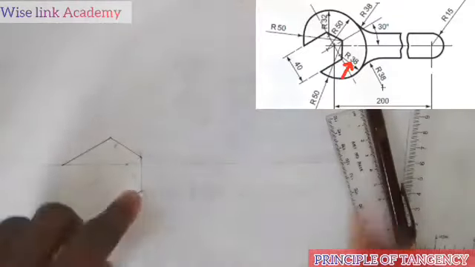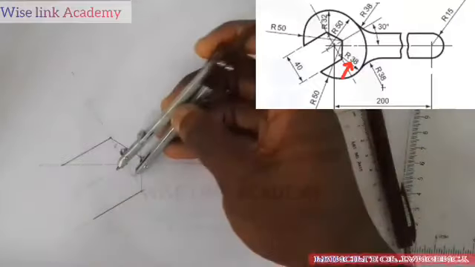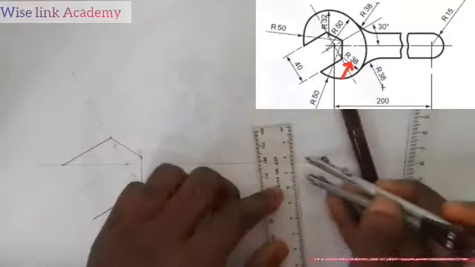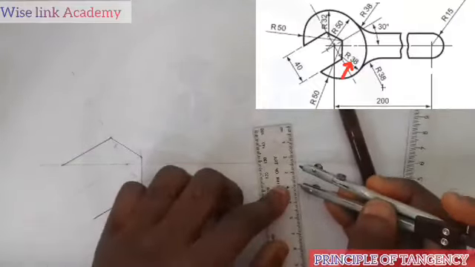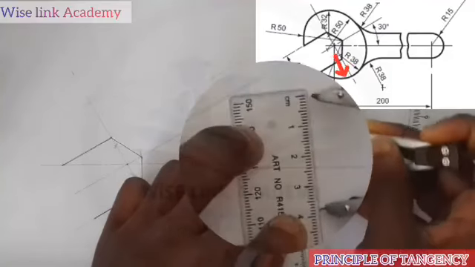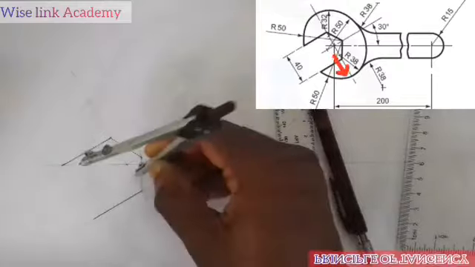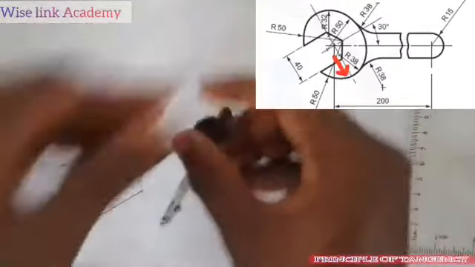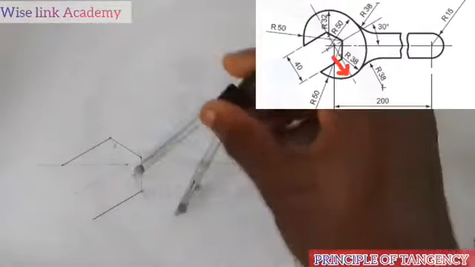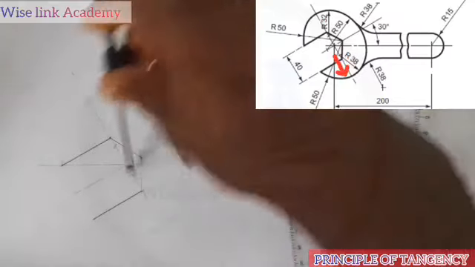Next up, I will now measure 38 as given in the dimension, from here to here, 38. Now at this point here, I will ensure that I get it to touch this way. I have this.